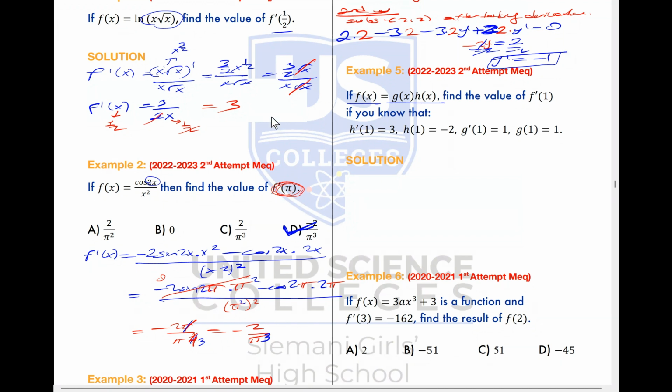This is pretty simple. Okay, derivative of left. Derivative of f is f prime, equals derivative of right side. I see a product here. So we apply product rule. Derivative of first, g prime, times second, h, plus first, g of x, times derivative of second.